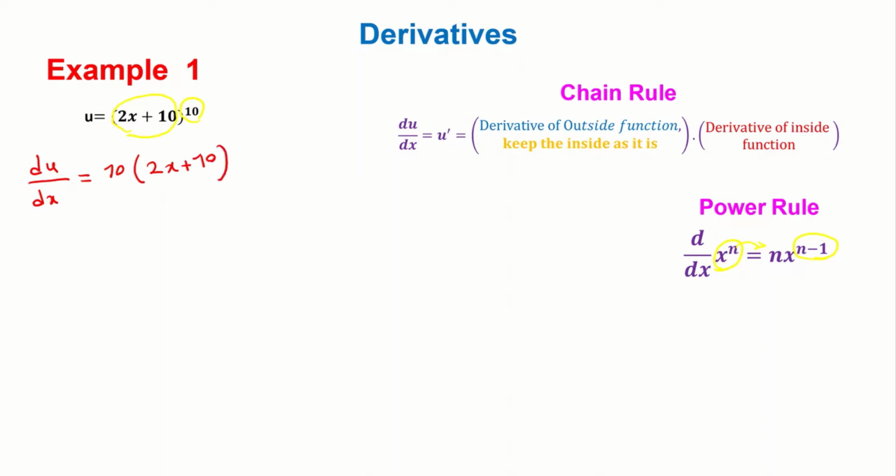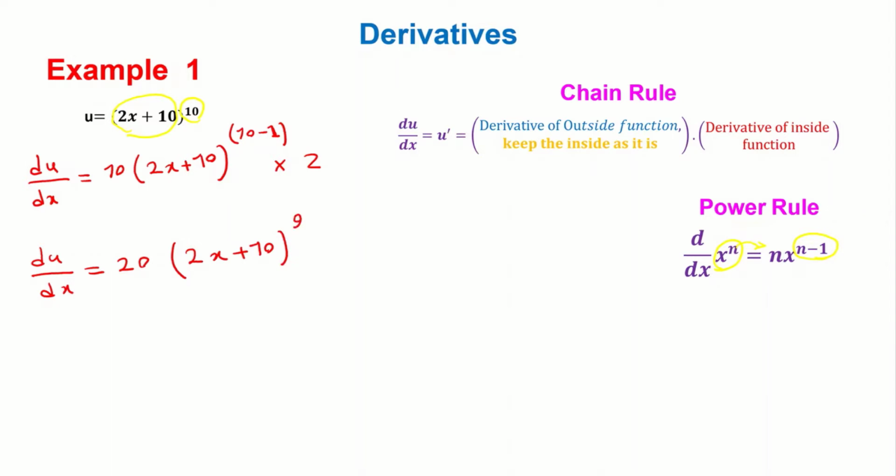We keep the inside function as it is, with 10 minus 1 as the power, and the second part is the derivative of the inside function, which is 2x plus 10, and the derivative of that is just 2. So finally we get du over dx equals 20 times 2x plus 10 to the power of 9.